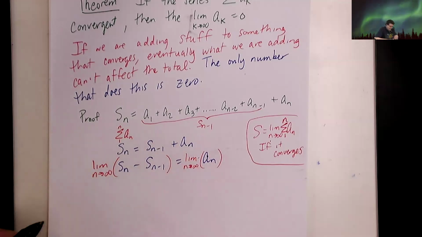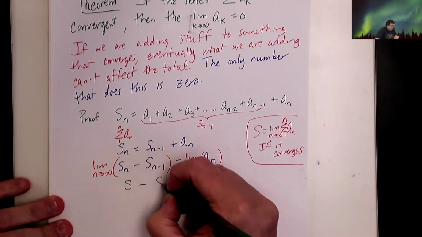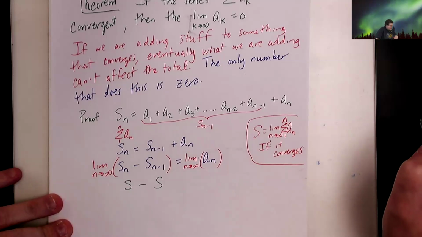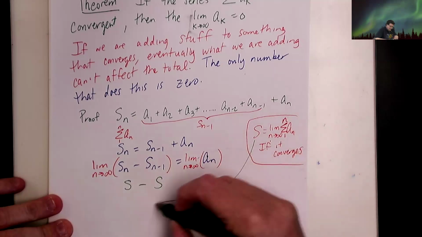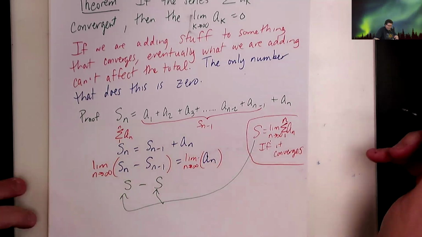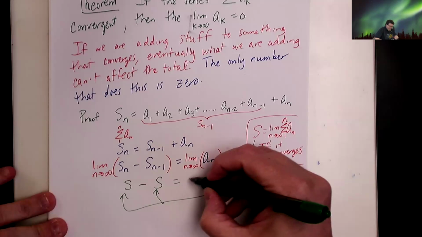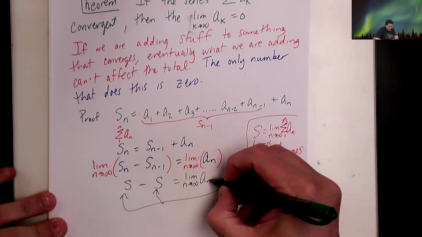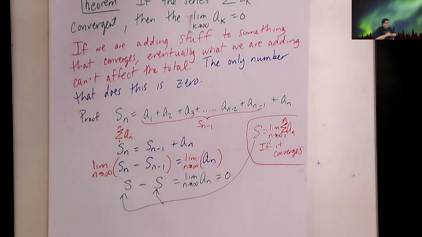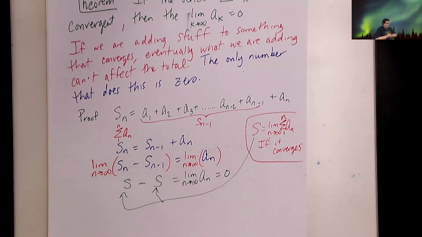But this is S minus S. The limit as n goes to infinity is just the complete sum S. So we have S minus S equals the limit as n goes to infinity of a sub n, and that must equal 0. S minus S is 0. And so we have shown that if it converges, the limit is 0.